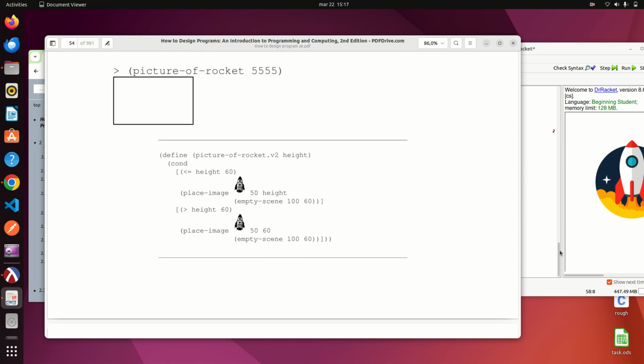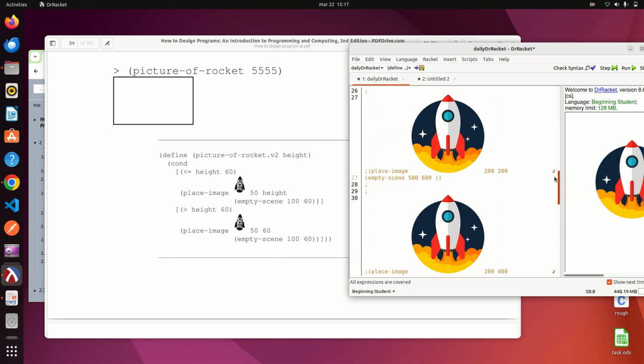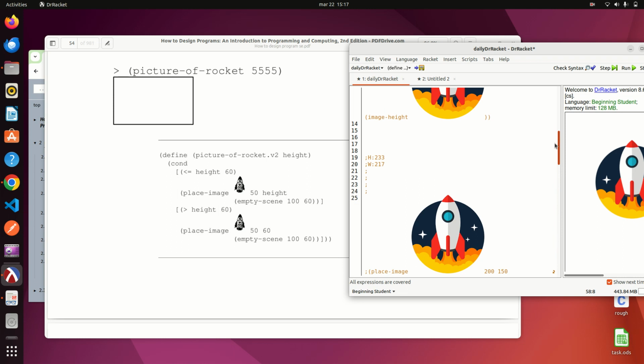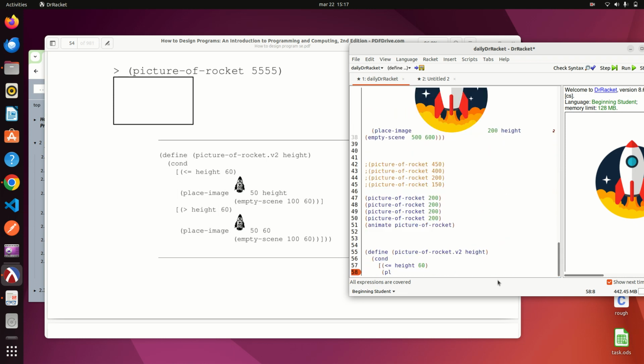our empty space are, I have noted it down, 233. So we use 233 and 217. So if height is greater than or equal to 233, place image, let's say 223. We copy the rocket.